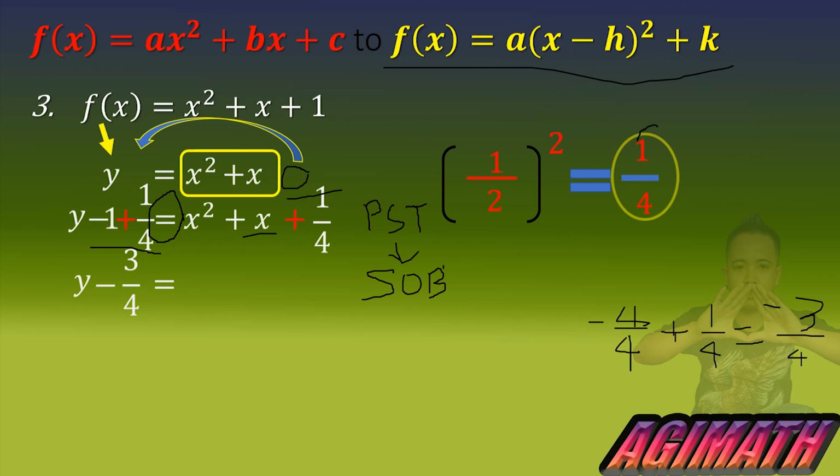SOB means the square of binomial. So for you to understand, from perfect square trinomial, we are going to make it a square of binomial. And since we have the term square, we should have a parenthesis and then a square. And then the remaining is a binomial, so we expect that inside our parenthesis is a binomial.